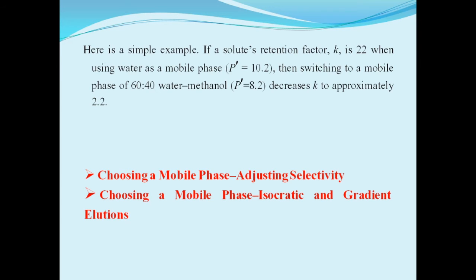For reverse phase separation, we use an initial mobile phase that is more polar. As the separation progresses, we adjust the composition of the mobile phase so that it becomes less polar. Such separations are called gradient elution.